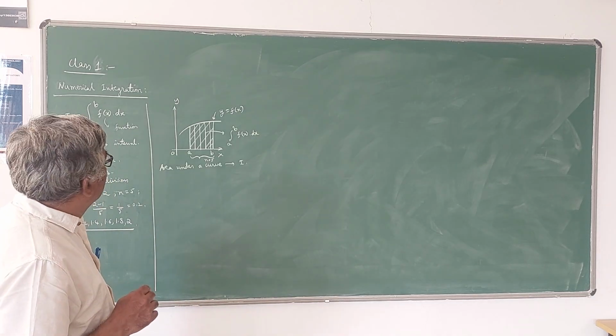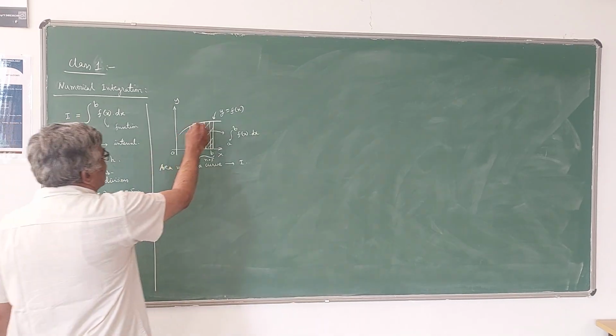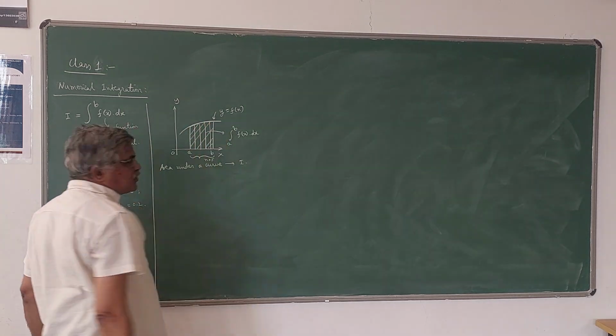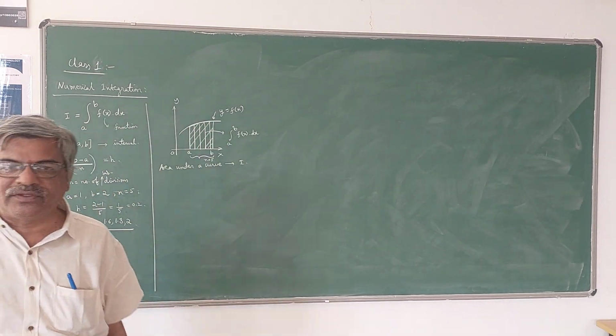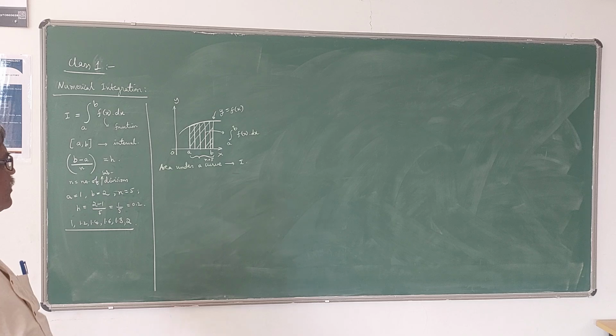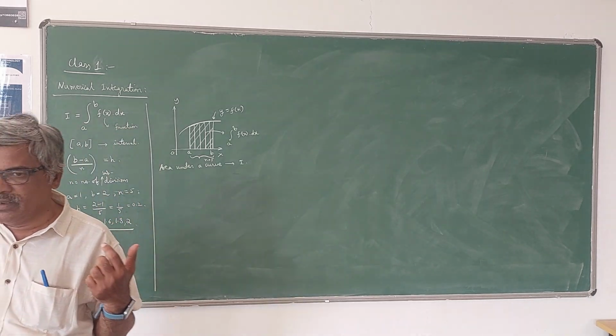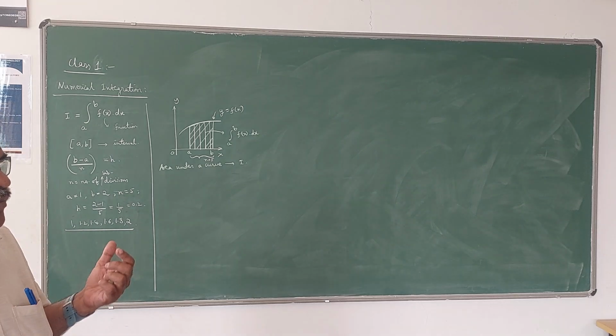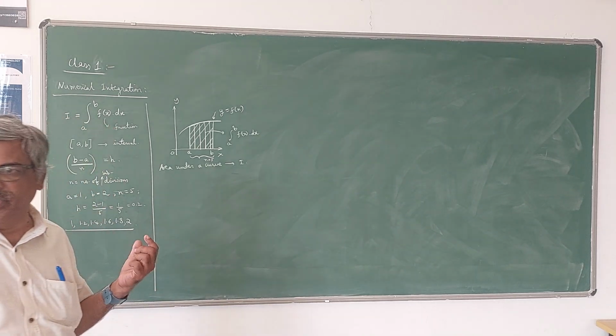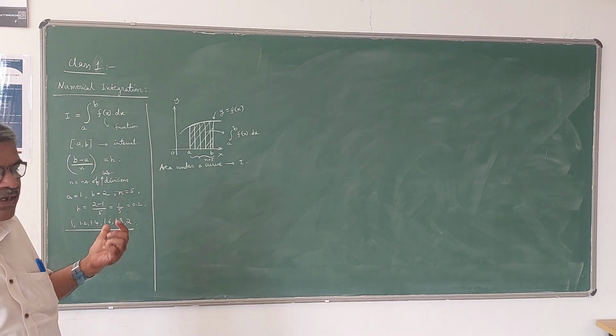Now here, the area under this integral can be found out using some numerical techniques, because integration sometimes will be difficult if the function is complicated. Differentiation you can do by using the chain rule, product rule and quotient rule, whereas integration is not so easy.